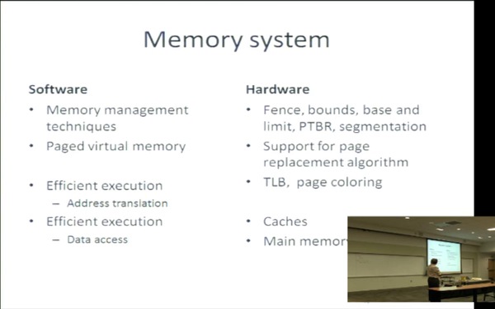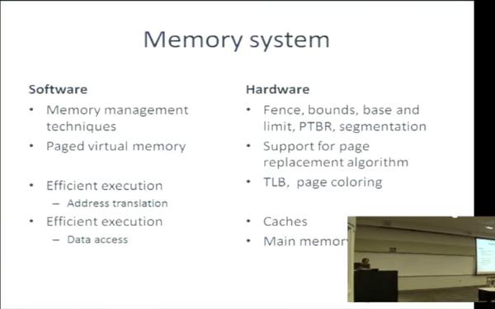So those are all the issues that we looked at, and then on the hardware side, we said for efficiency, we want to make sure that our memory accesses are fast, and so we designed caches that live both address caches, which is the TLB, and the data caches for instructions and data that sits inside the processor and makes life good in terms of performance.